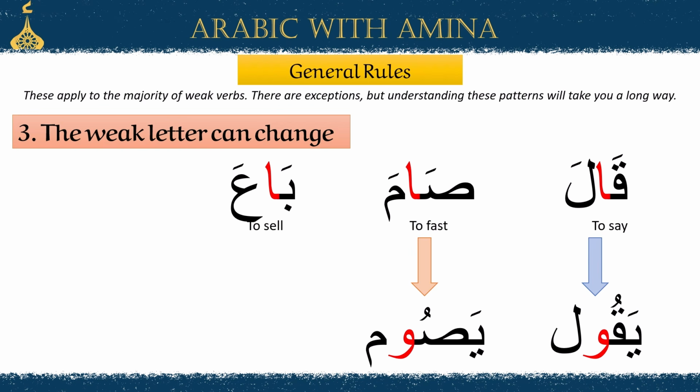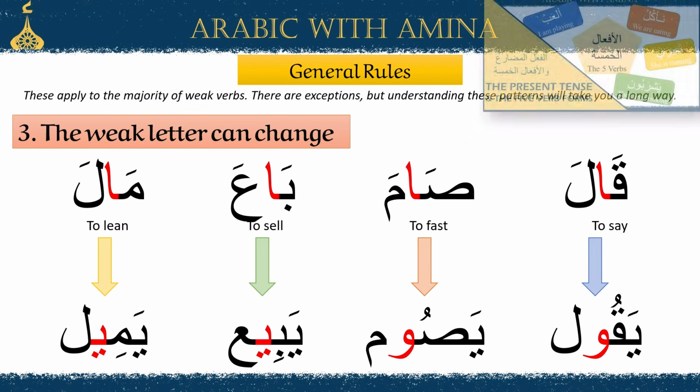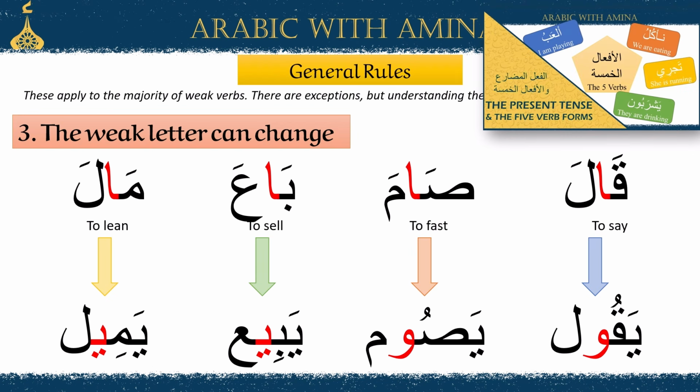باع, يبيع. مال, يميل. You've probably noticed that some of these verbs have transformed into the letter waw, whereas some have transformed into the letter ya. And why so?